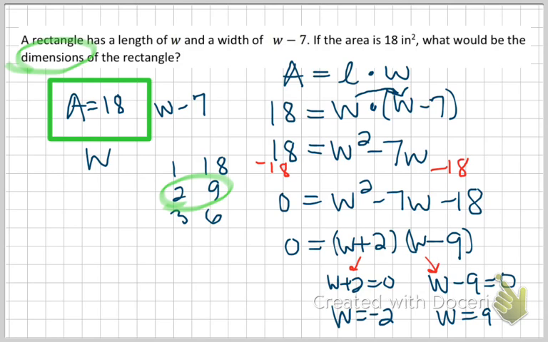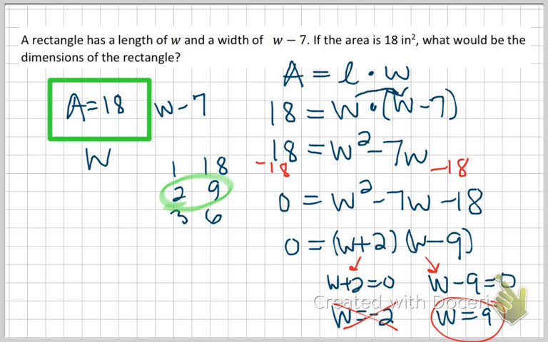We're talking about the length of something. Out of the two answers that we got, only one of them is valid. w is equal to 9. This one is not valid because that is a negative value. And if w is negative 2, we're saying that this side is negative 2 inches. That doesn't exist. We cannot have negative lengths. So we're going to go with this value.